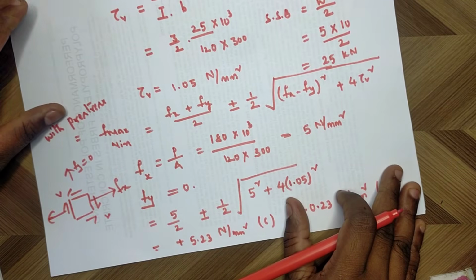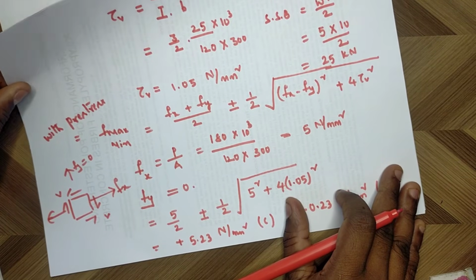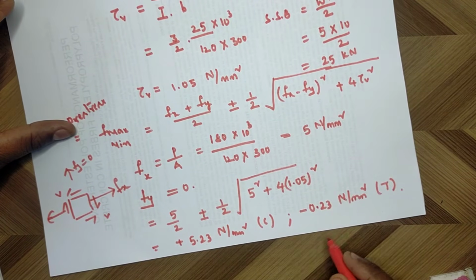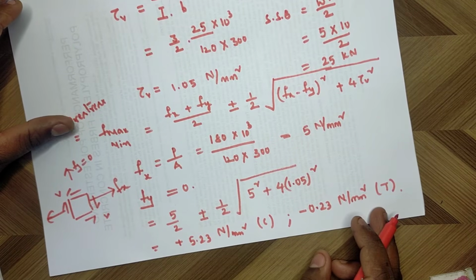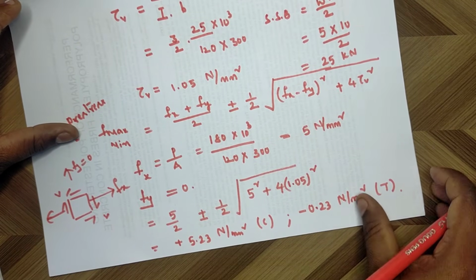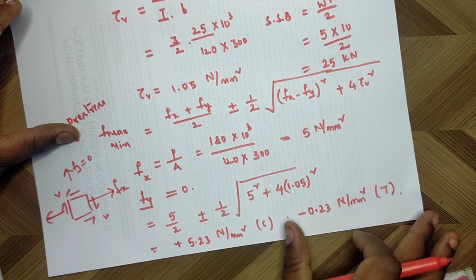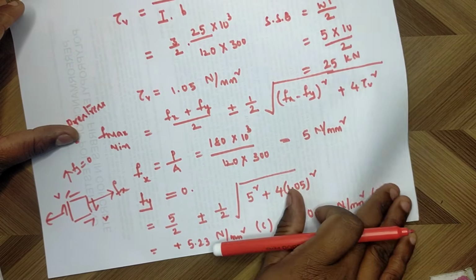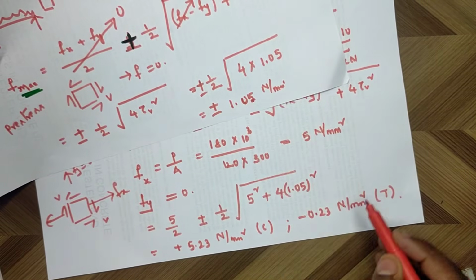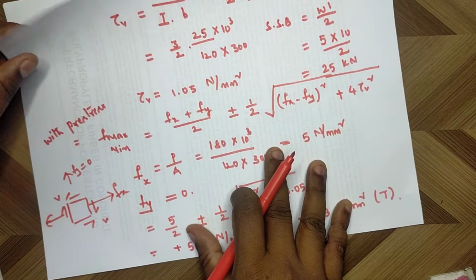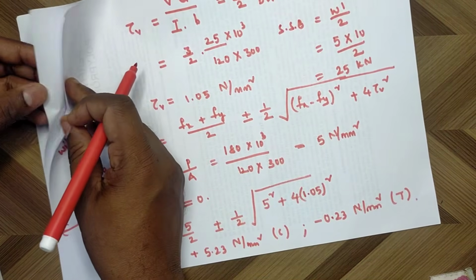Now, how much tension is developed? Earlier it is 1.05, right? Earlier it is 1.05, now it is 0.23. Now we will calculate the percentage.